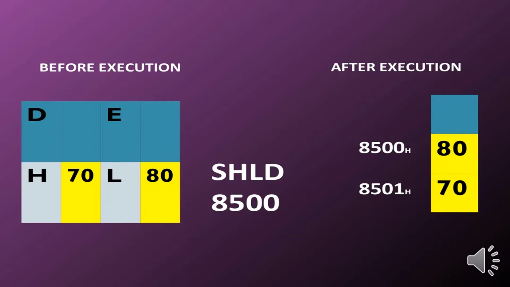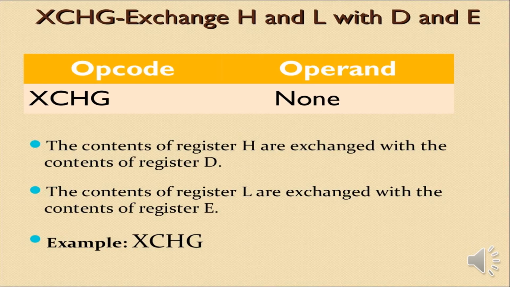Another data transfer instruction is the exchange instruction. Exchange is nothing but a copy. This instruction needs two register pairs: the HL register pair is exchanged with the DE register pair. The DE register pair content is loaded into the HL register pair.